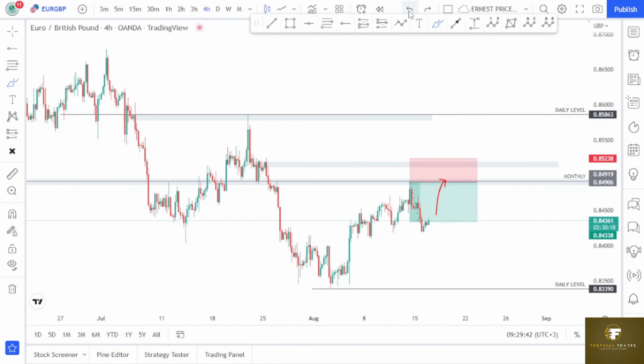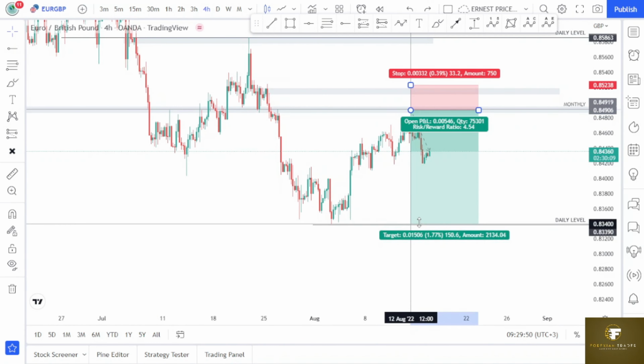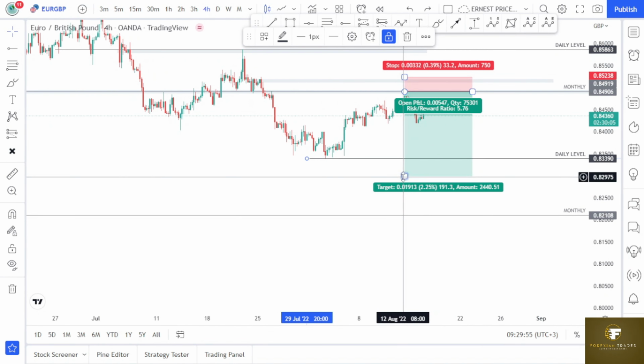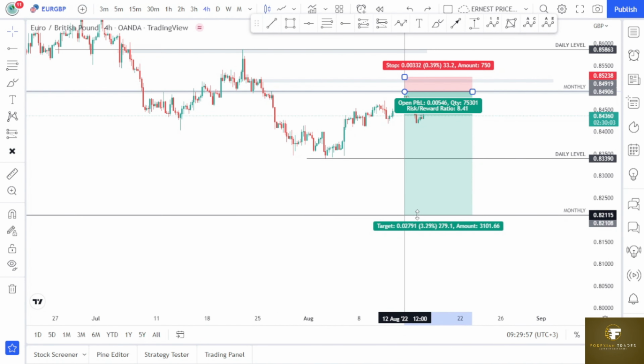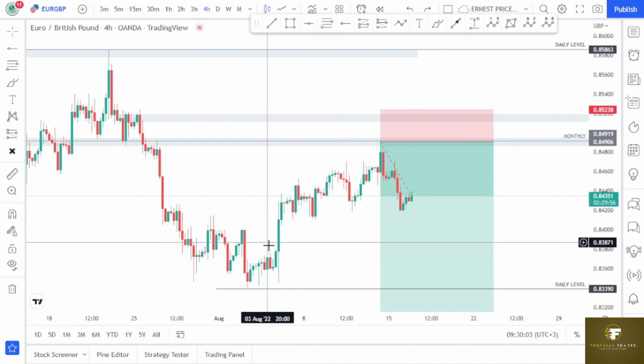We took partial profits, and now we are at break even. We are looking for price to continue its journey to hit this level here. Once it hits that level, then take your full profits.